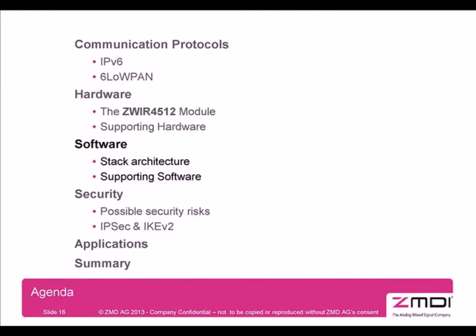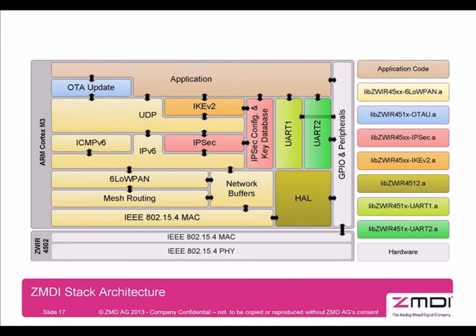Another feature is the over-the-air update. Our modules are able to do an over-the-air update. With our C library, you develop your own C code and link this code against our library.